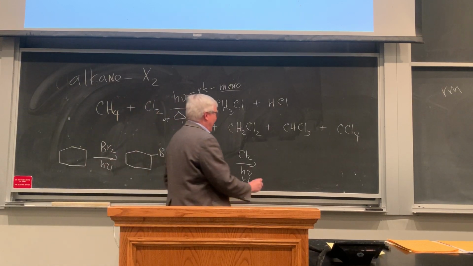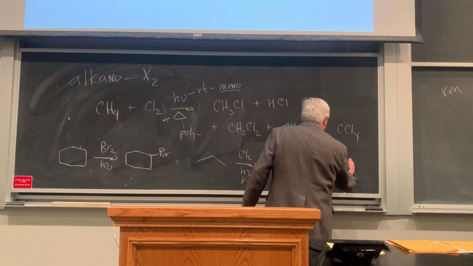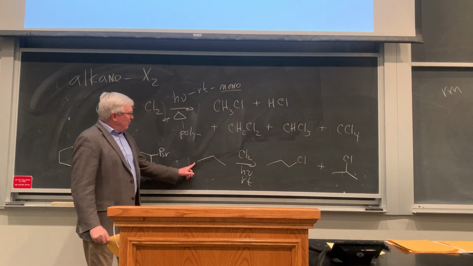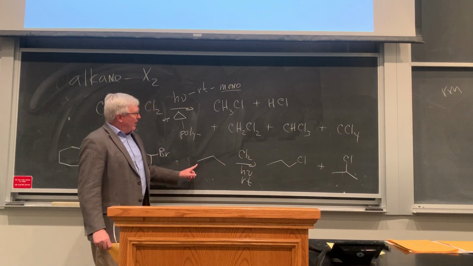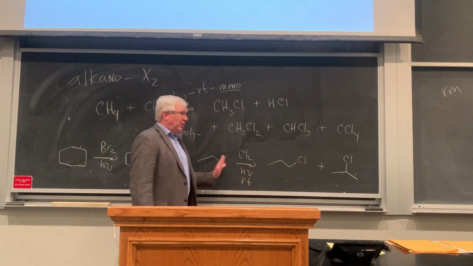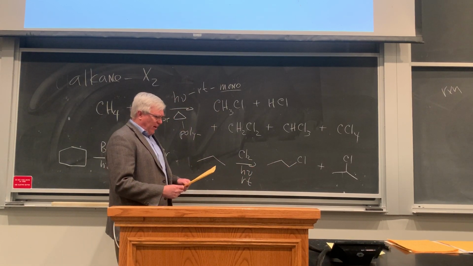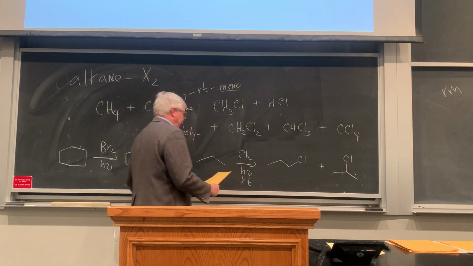So what do you think here? Yeah, it'll be a mixture of things. And what type of ratio will we expect to get? Well, you may be thinking already about the mechanism. If we're going to form a primary radical intermediate, we might get less of this because the primary position is less stable. Secondary might get a little more, but we'll give you the numbers here in a minute and show you what we're looking at.